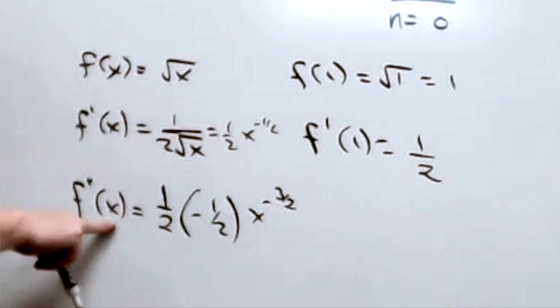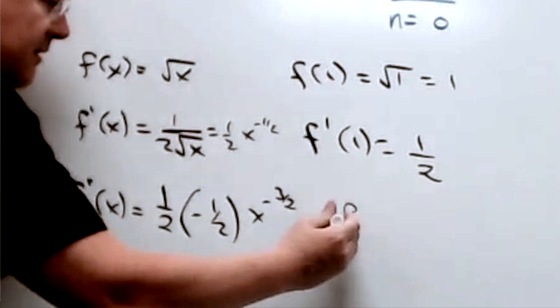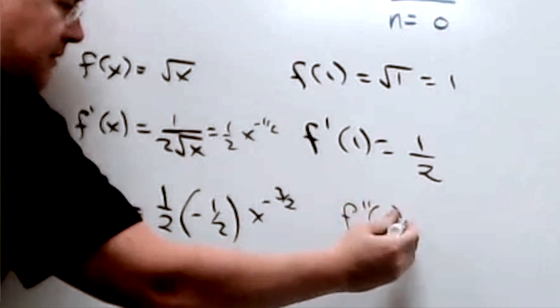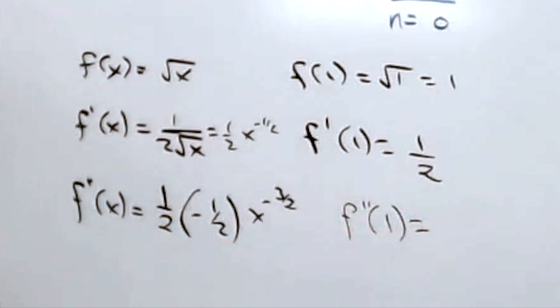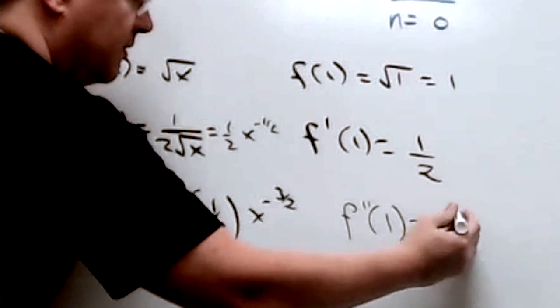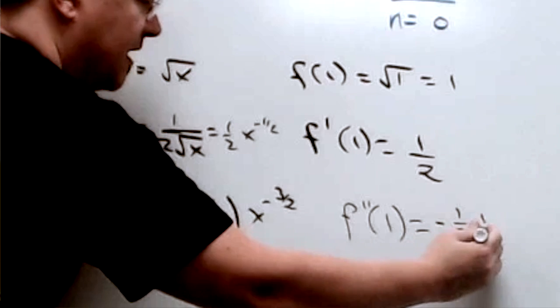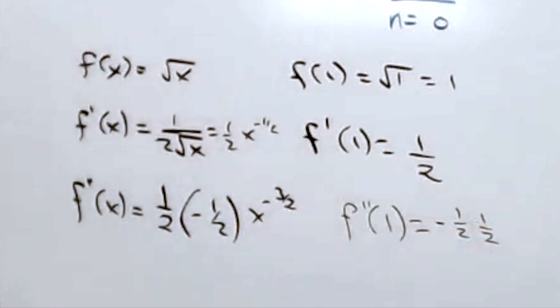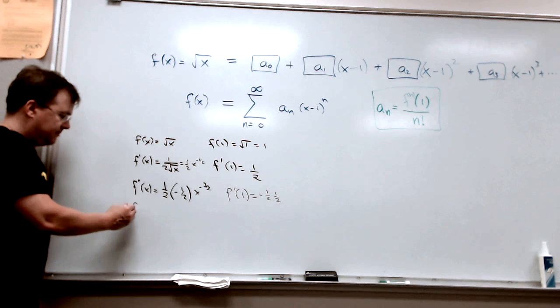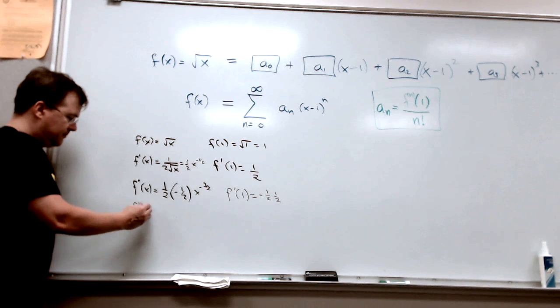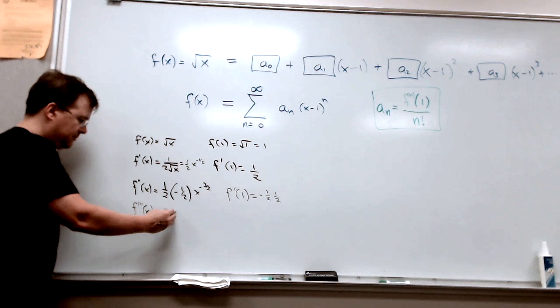But when you plug in 1, you're going to get 1/4. I'm going to write it as negative 1/2 times 1/2. I'm just going to leave it like that. It's just going to keep doing that.